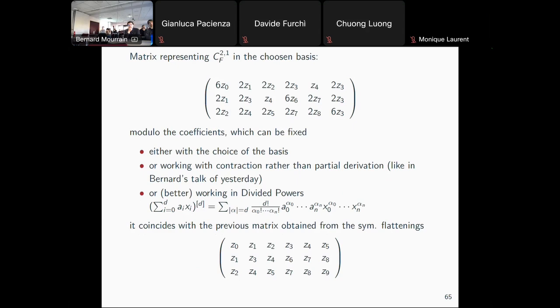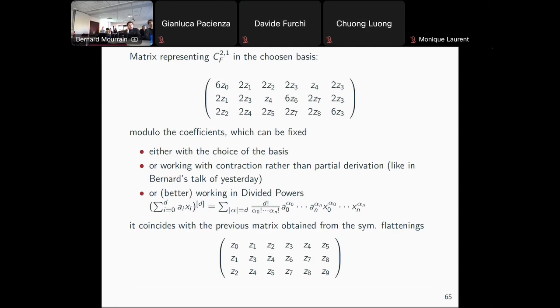The other thing I want to stress is that I built this matrix as the matrix associated to the previous map, which I called the catalecticant map, in some basis. And if you think that I store the coefficients in the basis, this looks like this map.